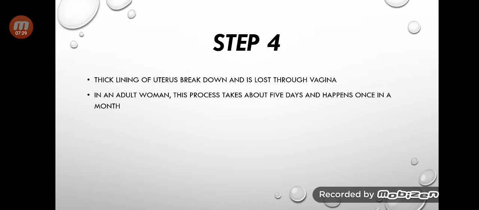In adult women, this process takes about 5 days and happens once a month. That's why you get blood from your vagina every month. And this process is called menstruation.